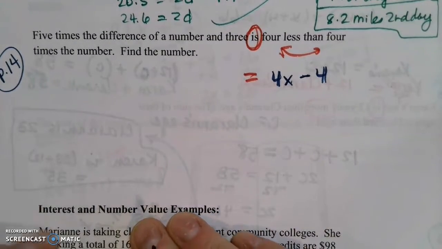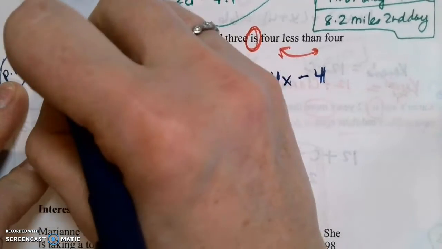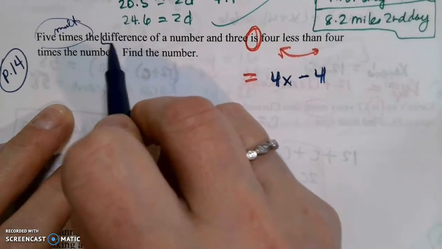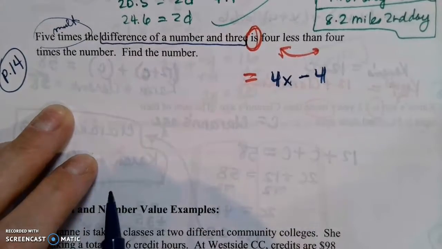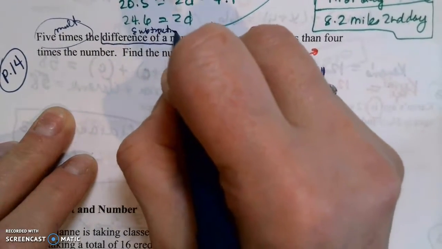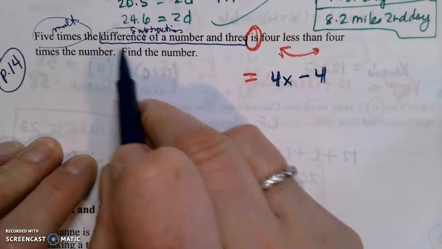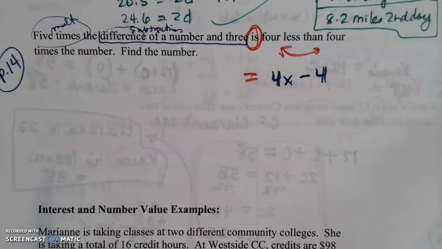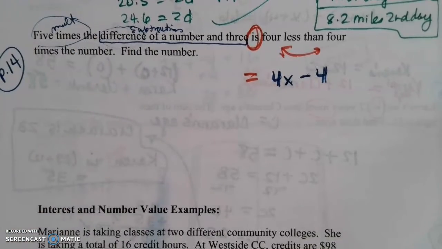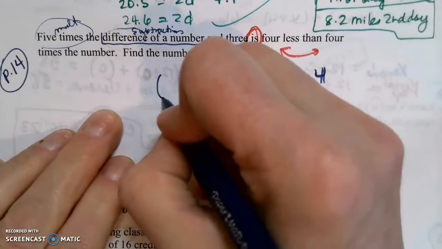The other side, we've got the 5 times, which is going to tell us multiplication. And then we've got difference of a number and 3. So that is going to tell us subtraction. But because I used the word difference, the one that means an answer to a subtraction problem, it means I already did the subtracting before I want to multiply by 5. So I do need to put that in parentheses.